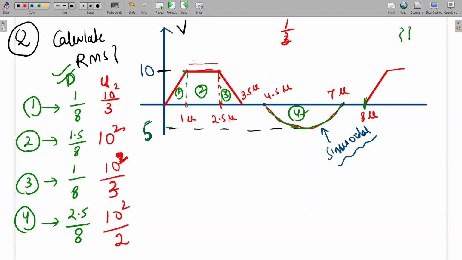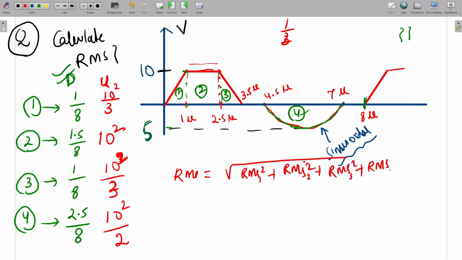So for this one, what will the RMS be? Multiply and take the under root. Total RMS will be the square root of RMS 1 square plus RMS 2 square plus RMS 3 square plus RMS 4 square.